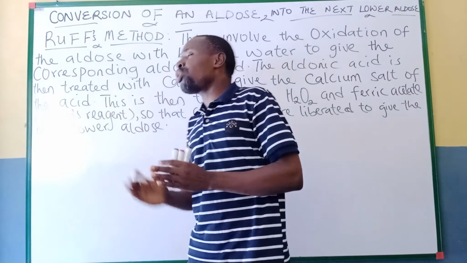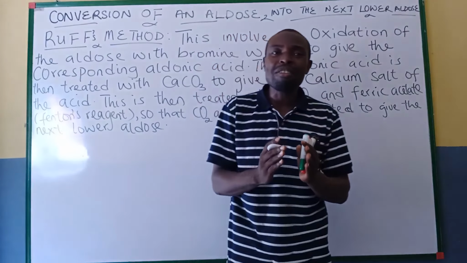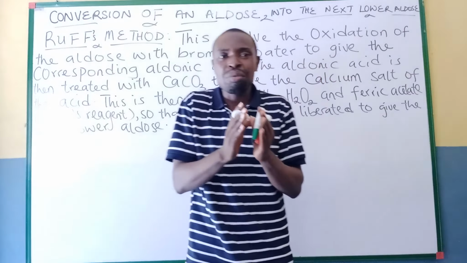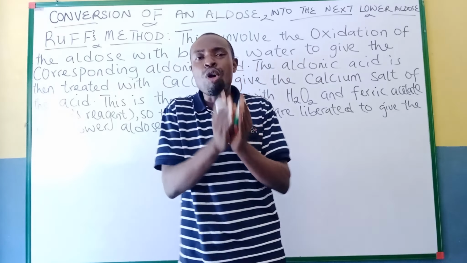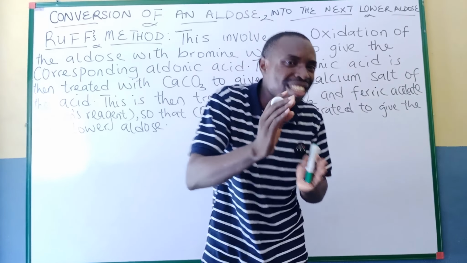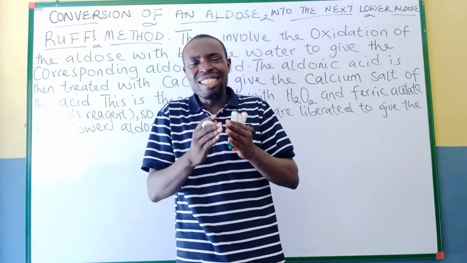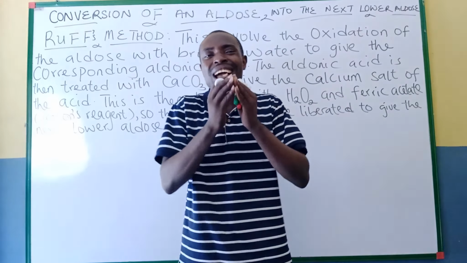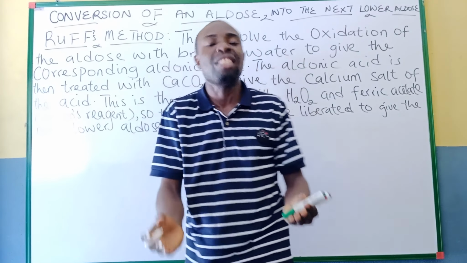Now, what are the steps that are involved in Ruff's degradation? In Ruff's degradation, three steps are followed. Step one is that the aldose in question is first oxidized with bromine water to give us what we call an aldonic acid. Secondly, this aldonic acid is then treated with calcium carbonate to give us the calcium salt of the carboxylic acid.